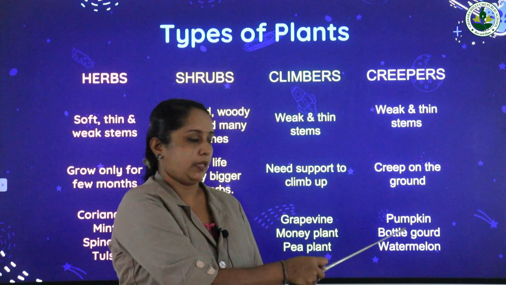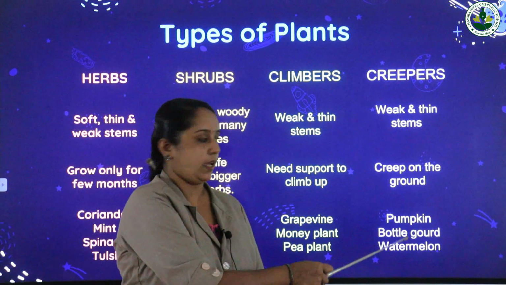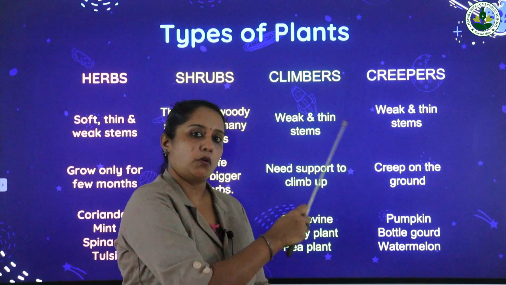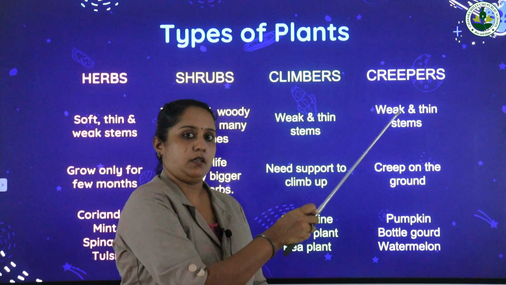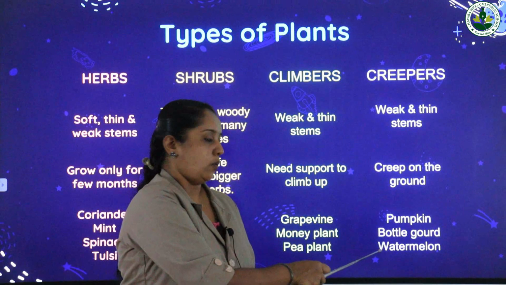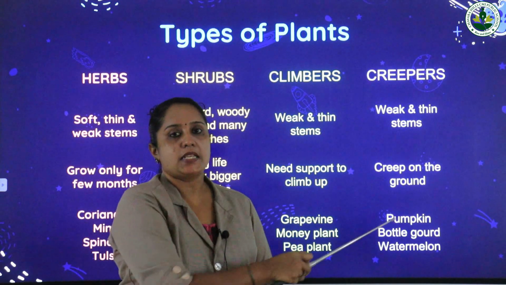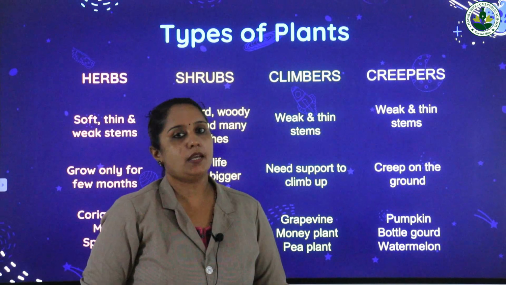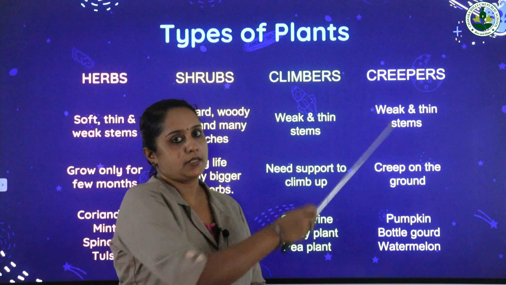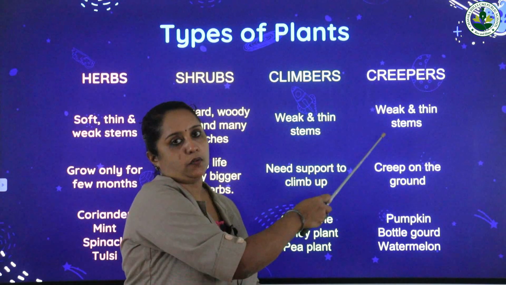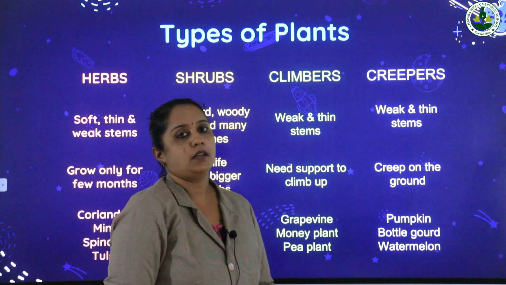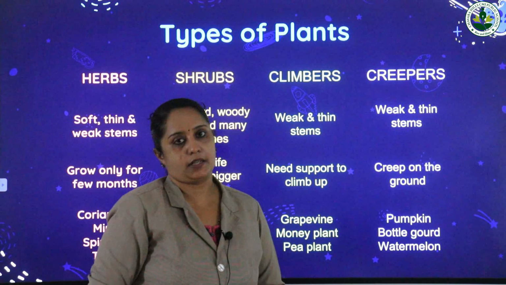Pumpkin means matanga. In some cases the bottle gourd appears above the ground also, hanging from other plants. These three plants appear as creepers. They have weak and thin stems and they creep on the ground.